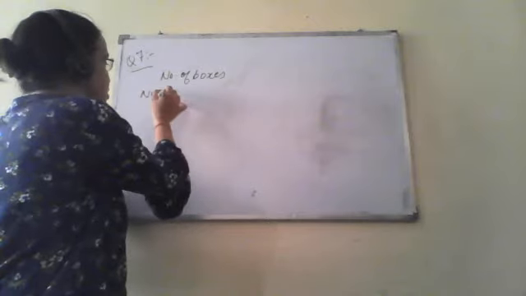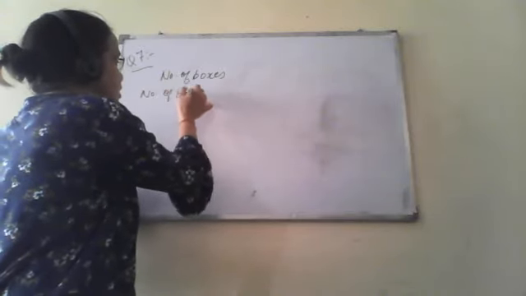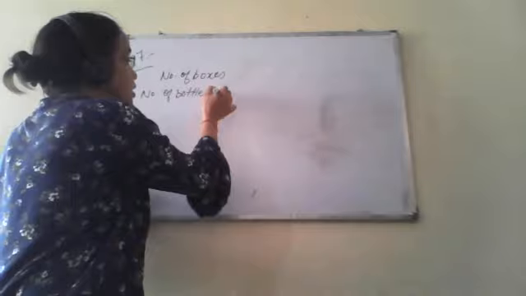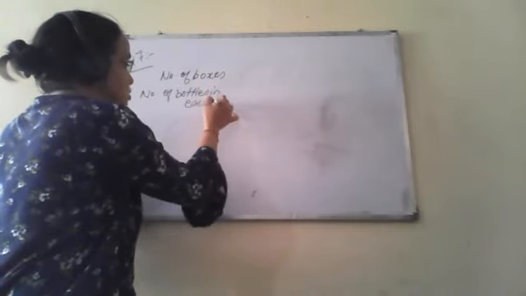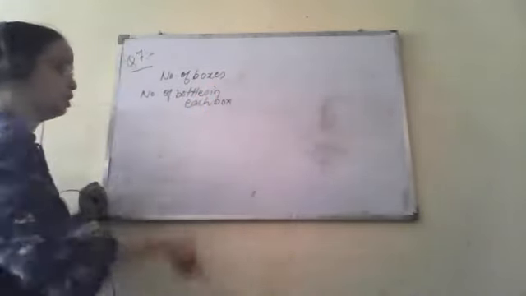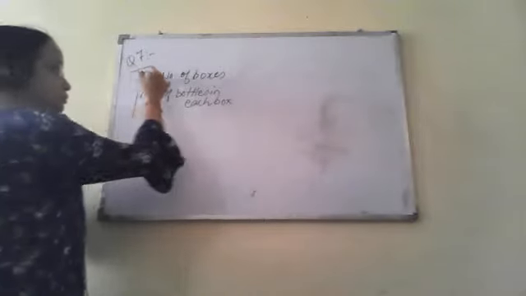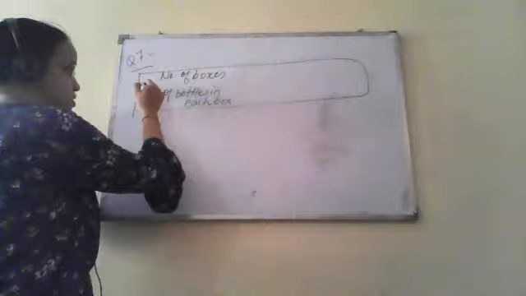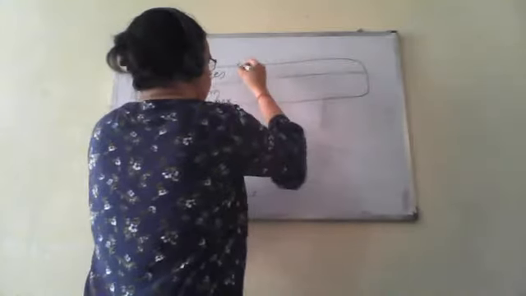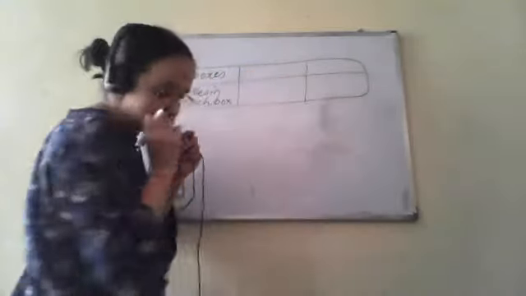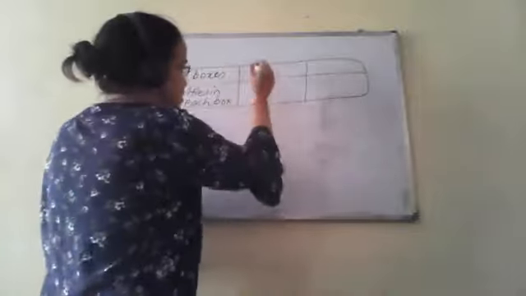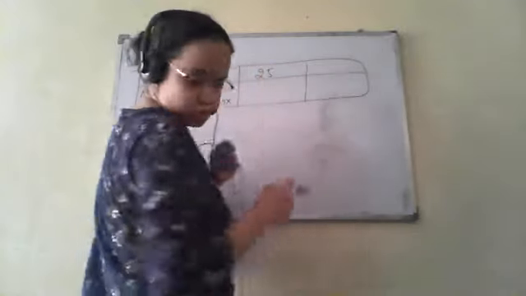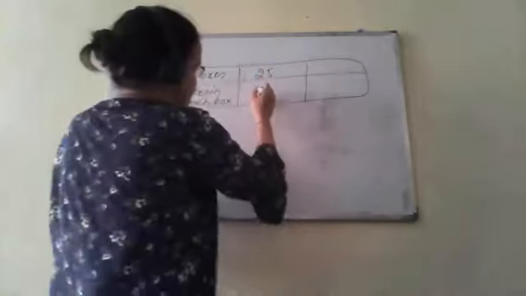So we have the number of boxes and the number of bottles in each box. These are the two things we have. So this is very simple. Initially he has 25 boxes and he used to fill 12 bottles in each box.